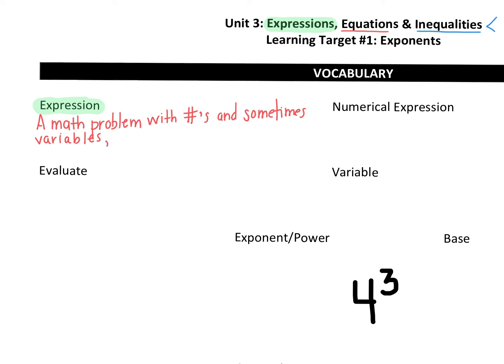And this expression, this type of problem, has no equal sign. Okay, it's not an equation. This one is an expression, so it has no equal sign. Okay, I'll give you some examples that I want you to write down.